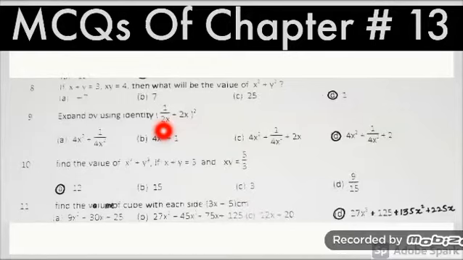So by using the formula (a plus b) whole square, this expression (1 by 2x plus 2x) whole square will be equal to 4x square plus 1 by 4x square plus 2.